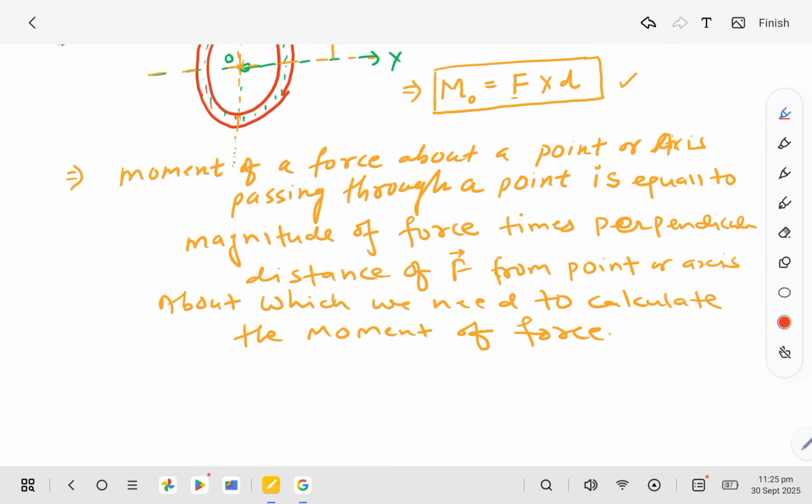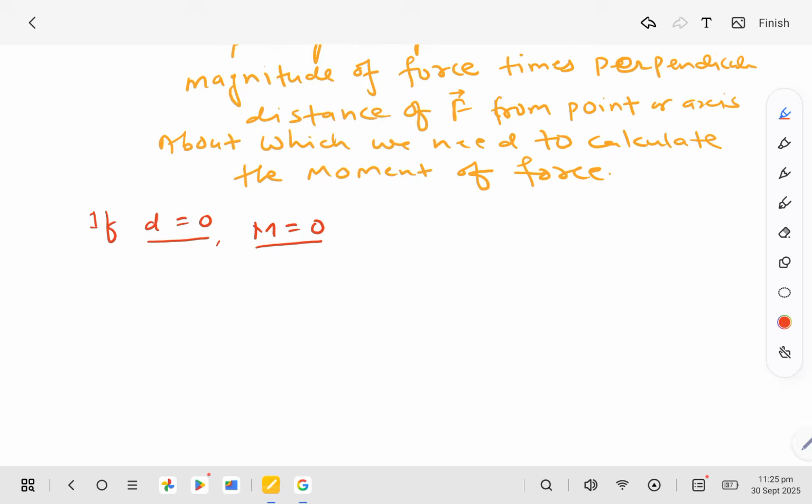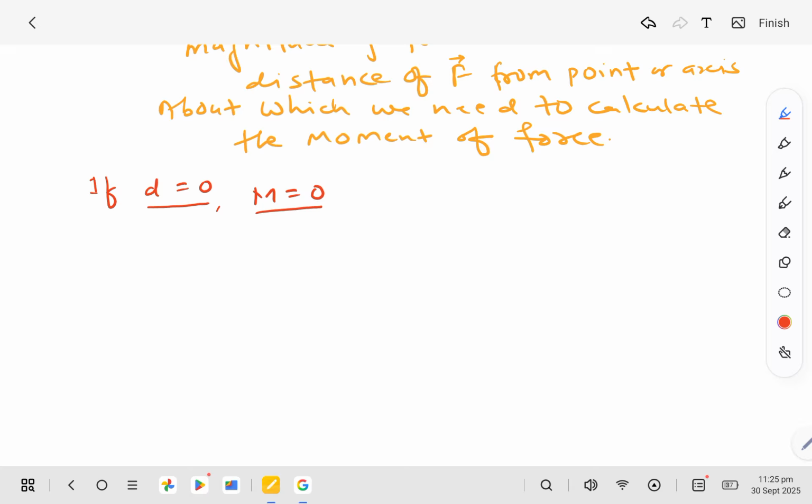Now if d equal to 0, then the moment of force will be 0. So this is the case. Suppose this is point O and this is the force F passing through this point.